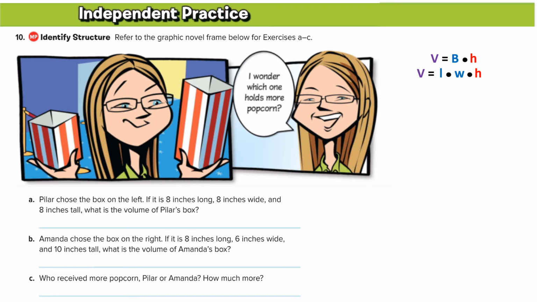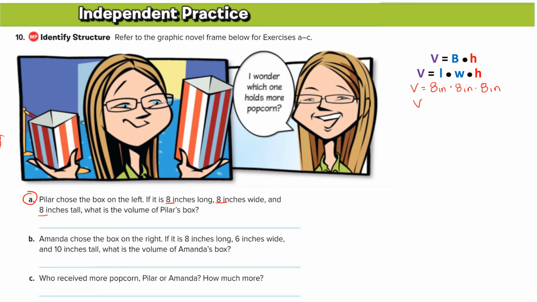All right, we're going to find Pillar's volume of her popcorn box first. And it is 8 inches by 8 inches by 8 inches. So we have volume equals 8 inches times 8 inches times 8 inches.